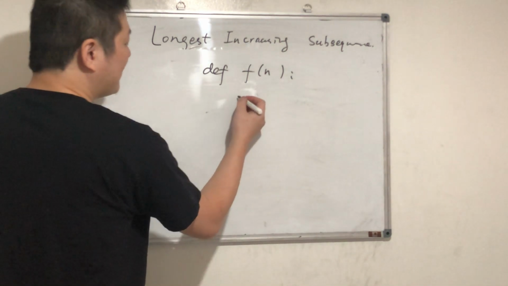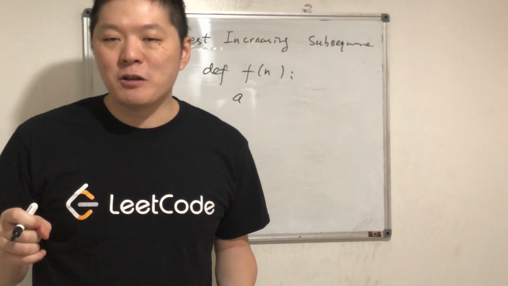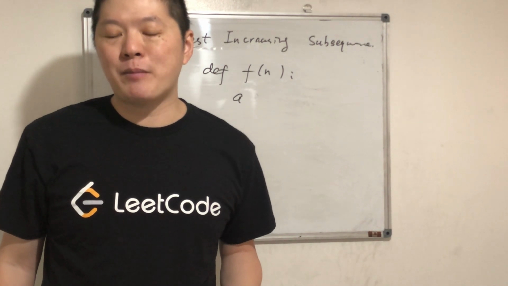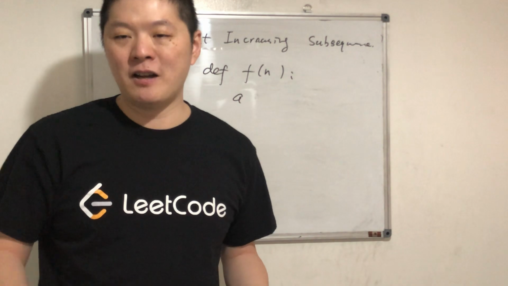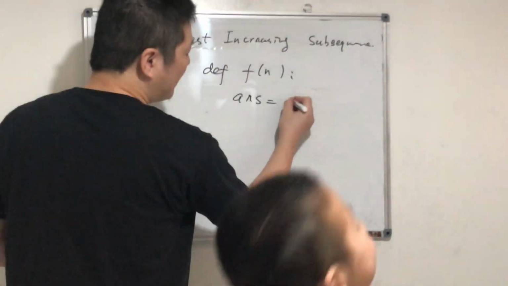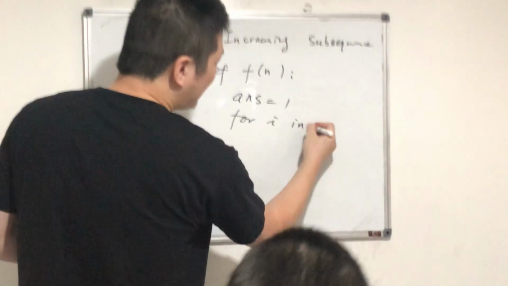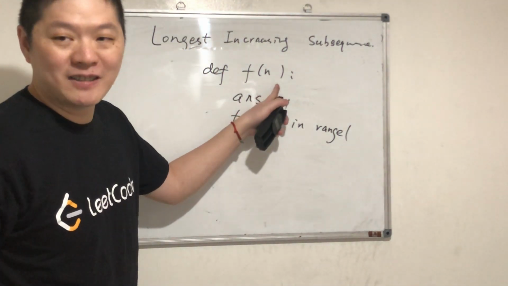The minimum value: if I have only one value, what's the longest increasing subsequence? 1, because it's one value, it's increasing. Then for i in range, I need to check the values up to n.